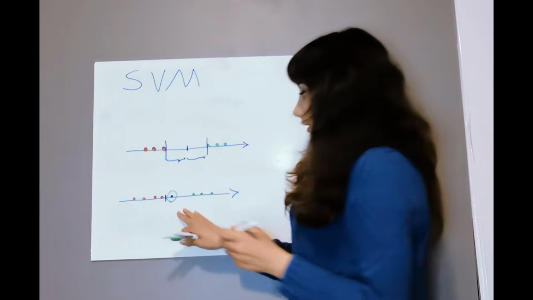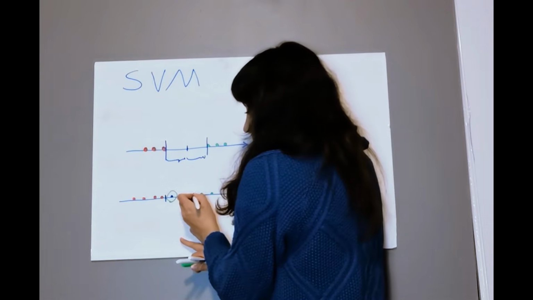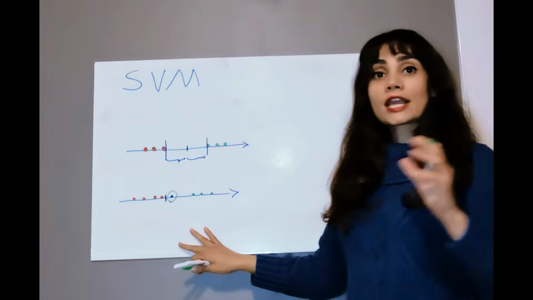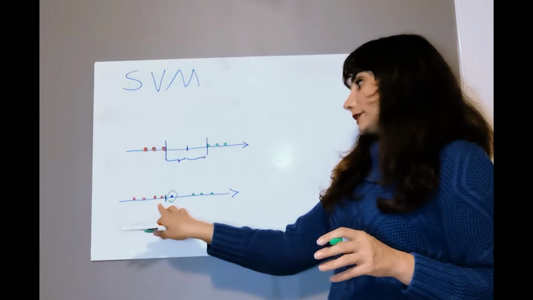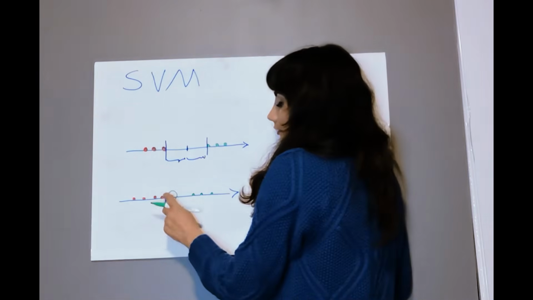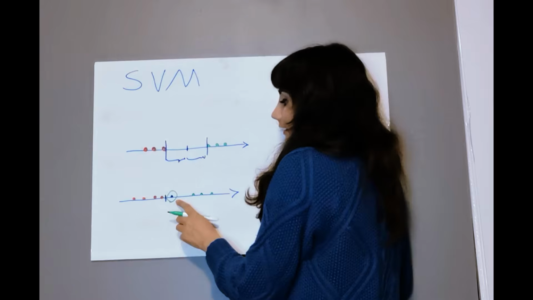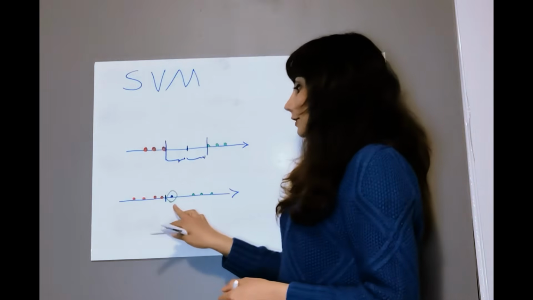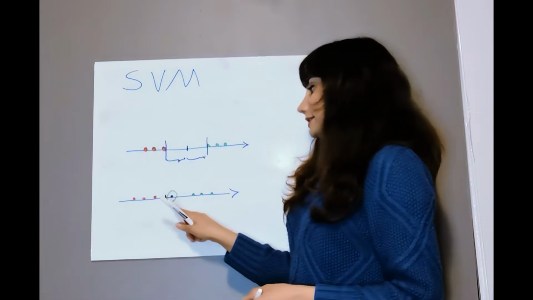But green points start from here. This point is very close to the red points, so the chances are it is probably a red point, right? But since you put your separation line here, you will still say that this is a green point.